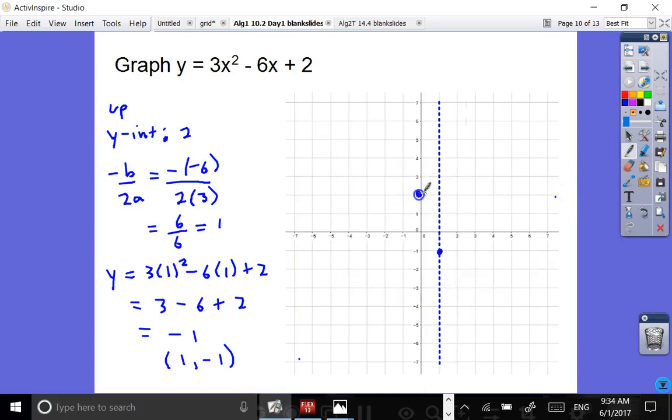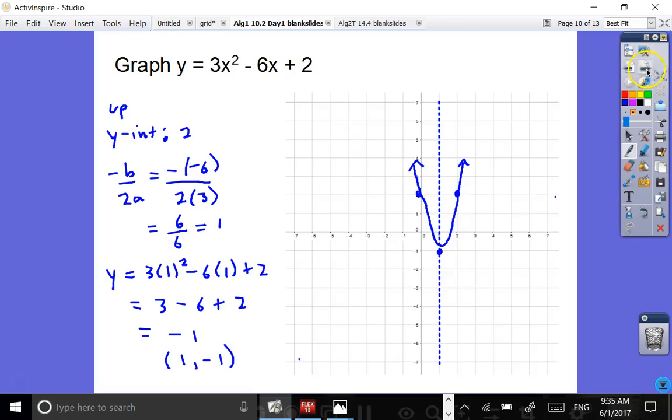And then plot a corresponding point: if this point is 1 to the left of the axis of symmetry, then there should be a point which is 1 to the right. With those 3 points, does it look like we've got a parabola that opens up? Because that's what we said it has to do. Let me graph these, right? Like that. So there is the parabola.